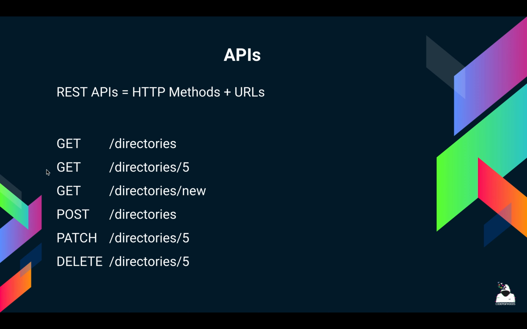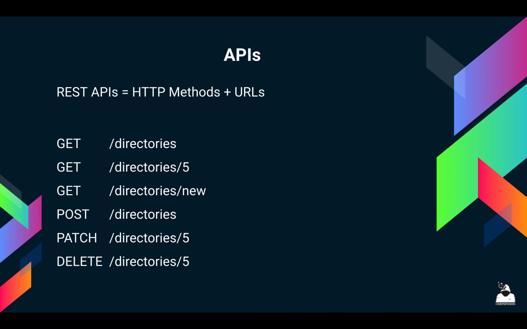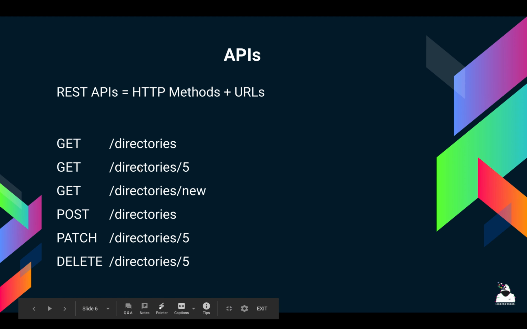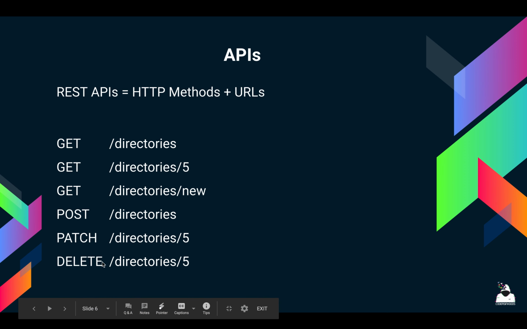Now you can see this URL, we get directory number 5, so we want to view some data about that, but we also have patch and delete. So if you want to edit that directory, you can send some data to your server at the same URL that you used to get the data for directory number 5. And if you want to delete directory number 5, you use the exact same URL, but you send a delete request.